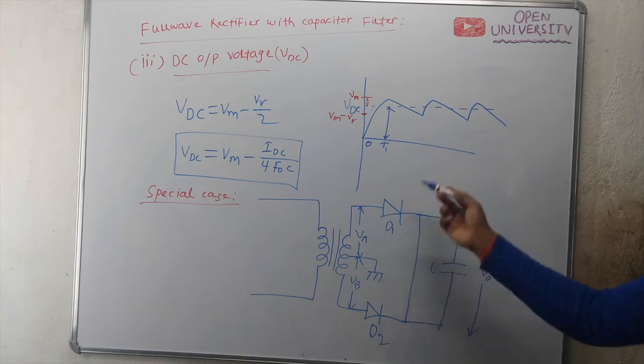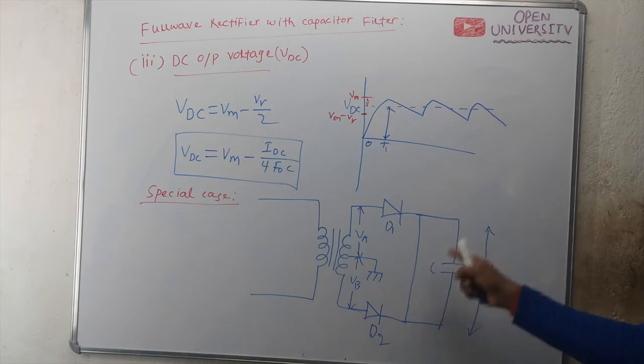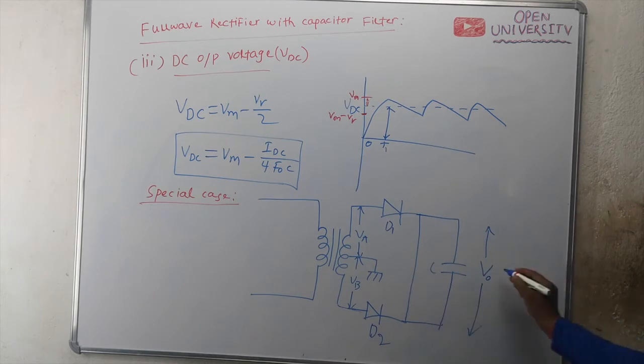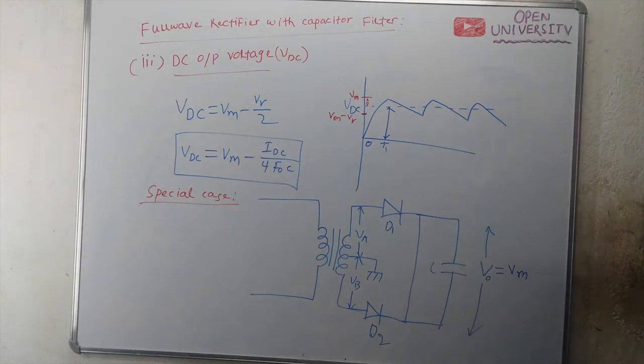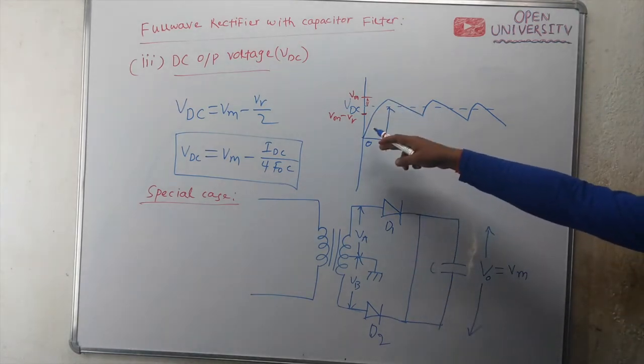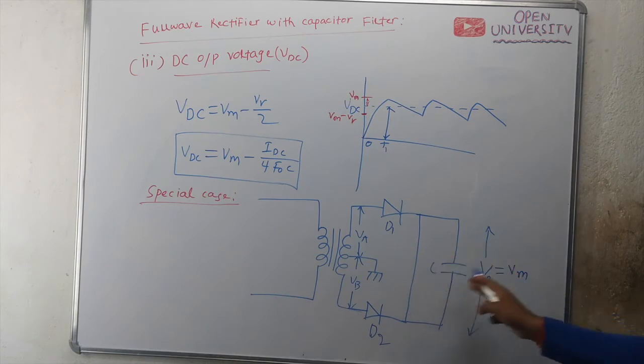So when both diodes are open circuited, the capacitor cannot discharge. The capacitor voltage remains constant at Vm, so the output voltage is always Vm. In this special case, our output voltage is fixed at Vm. If you connect RL, the output voltage will be something like this, but if you do not connect RL, the capacitor voltage remains fixed at Vm.